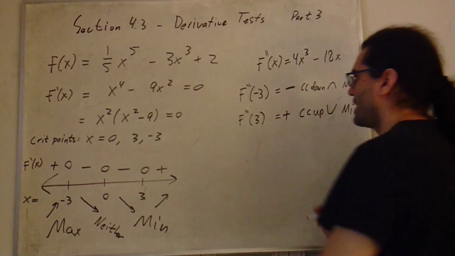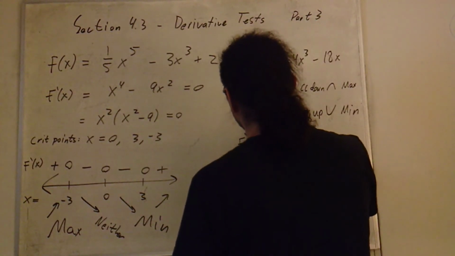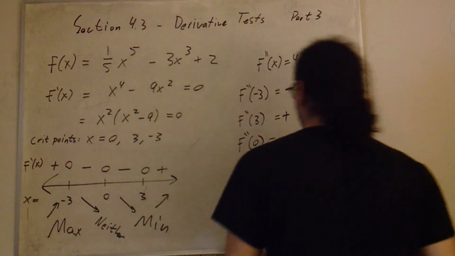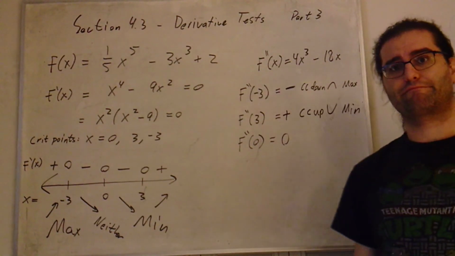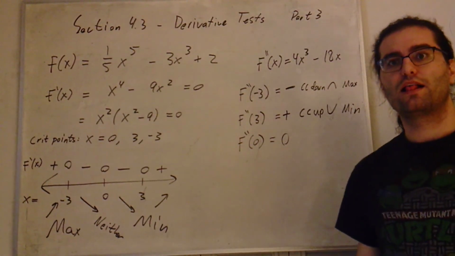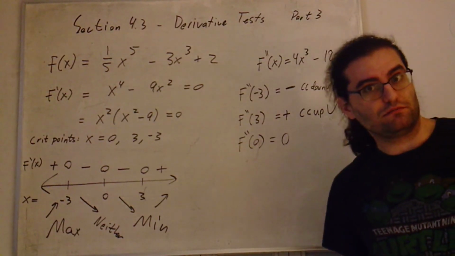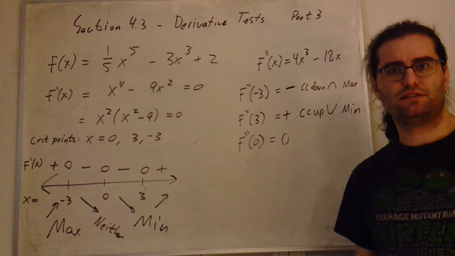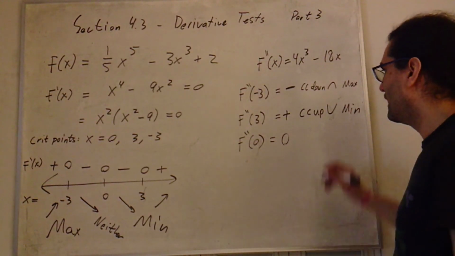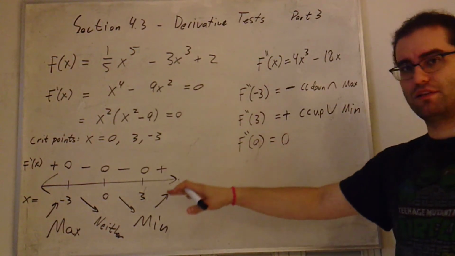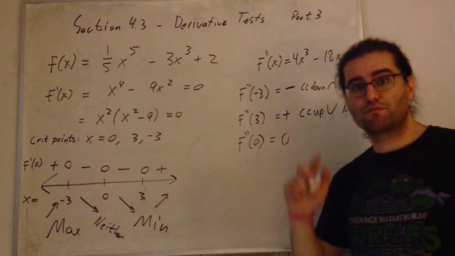Let's see what's going on in the weird case, f double prime of 0. F double prime of 0 is 0. That means we have an inflection point, so that's probably useful for something, but it doesn't give us any information about whether this is a max or a min, which is important.